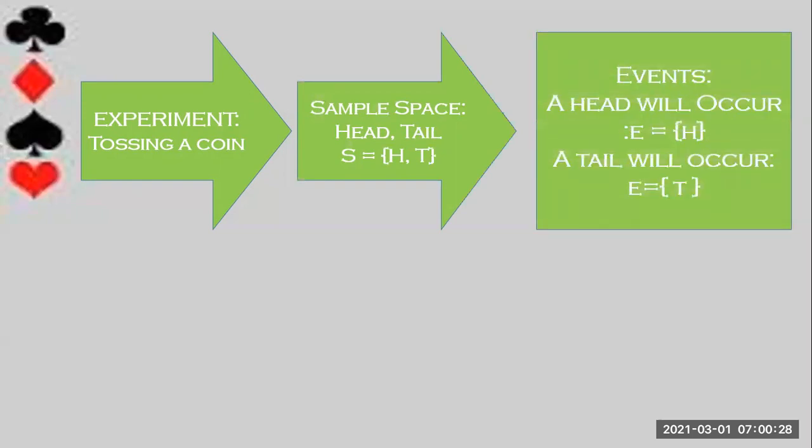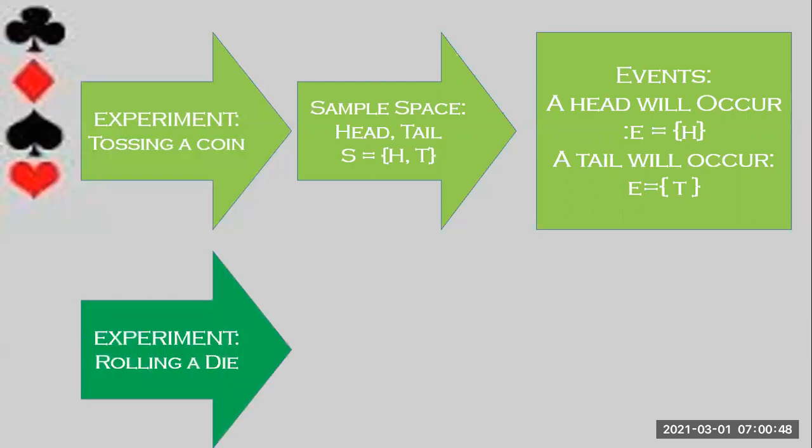And for events, our event A can be a head will occur. So the set will be H lamang kasi ang hinihingi lang naman ay head. And another event will be a tail will occur. So ang kanyang set will be T lamang. So ito yung example natin kanina.